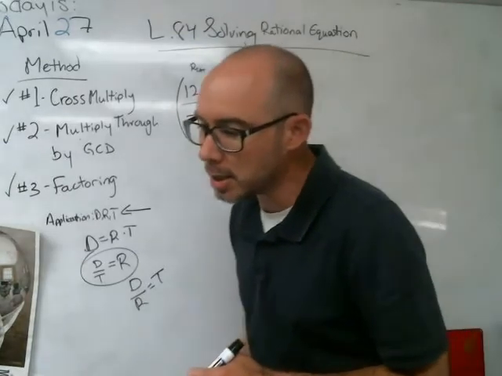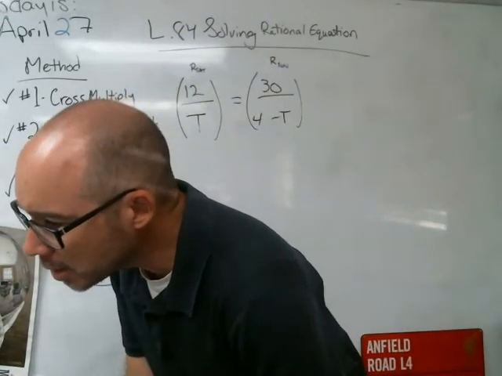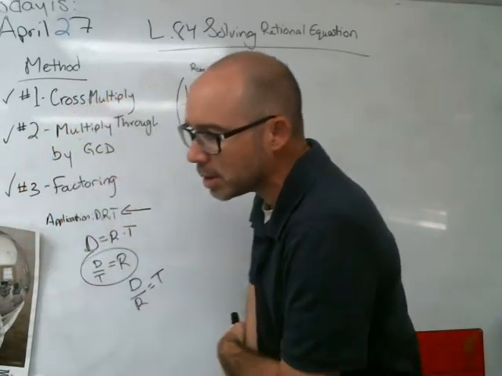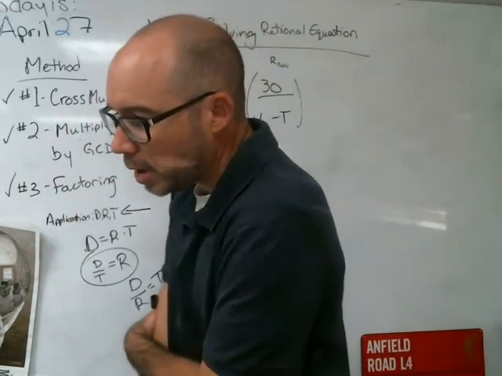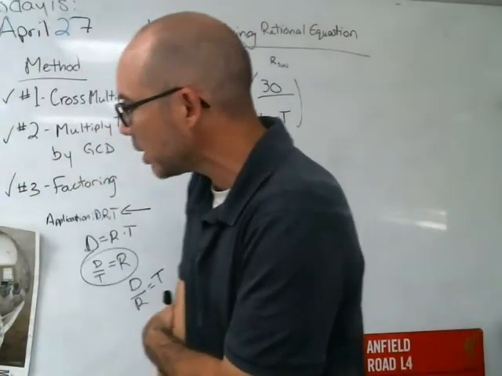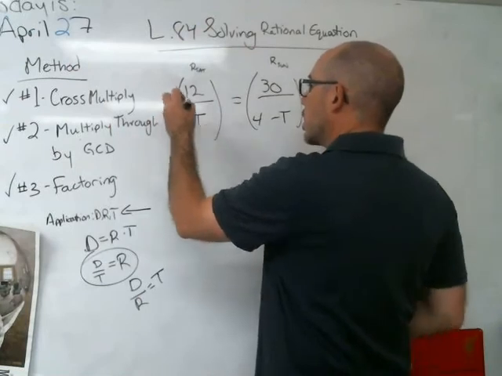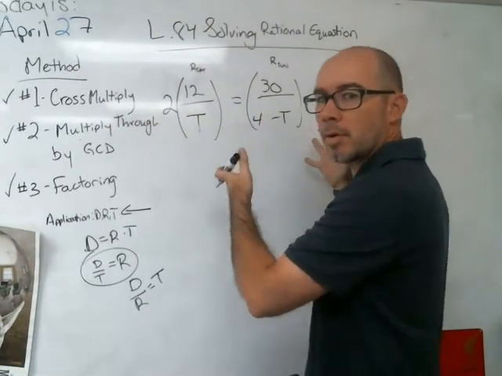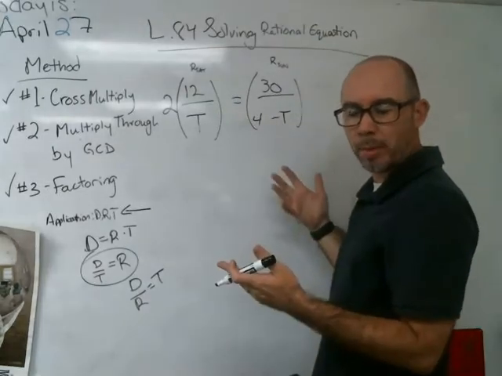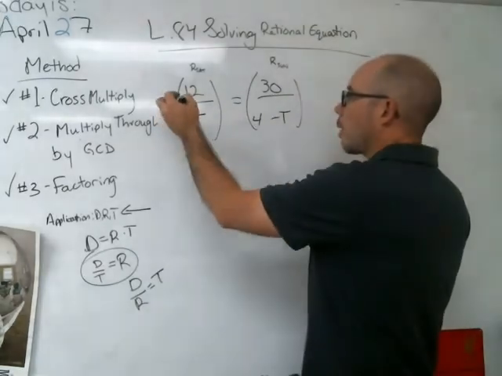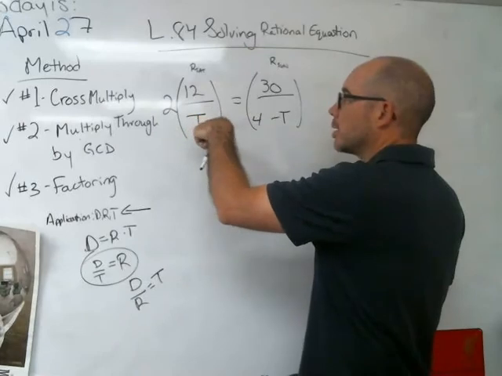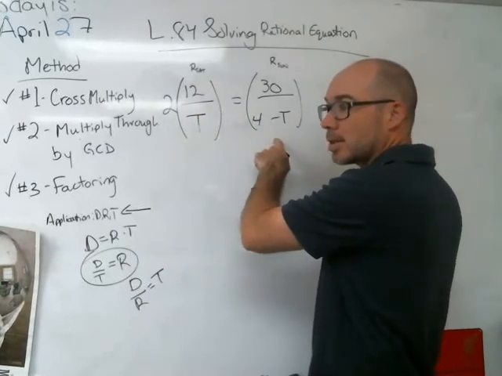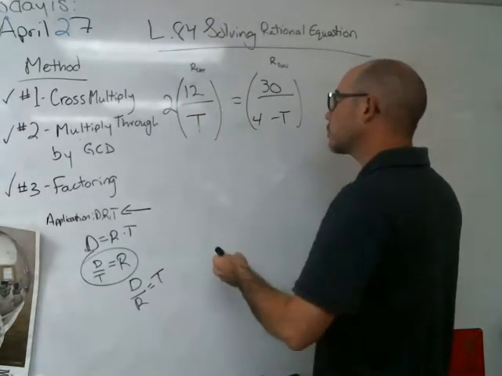And then lastly, they say that the rate on Sunday was twice what it was on Saturday. So if we double the Saturday thing, we'll say this one needs to be twice as much so that it can match that one over there. Twice of the rate on Saturday equals the one on Sunday, because Sunday is going faster.